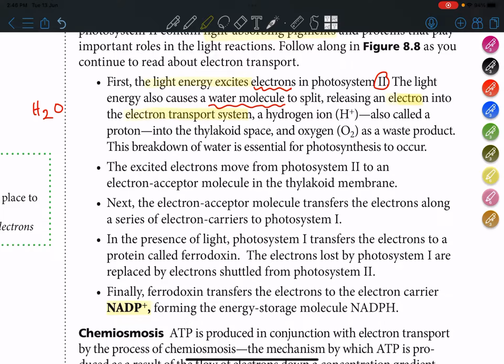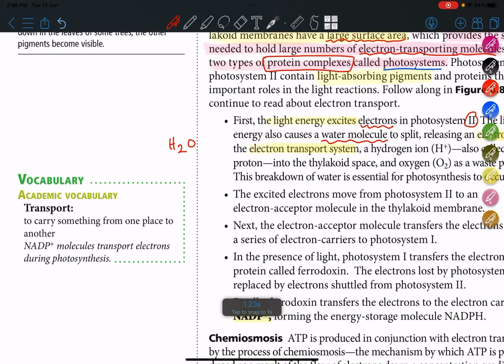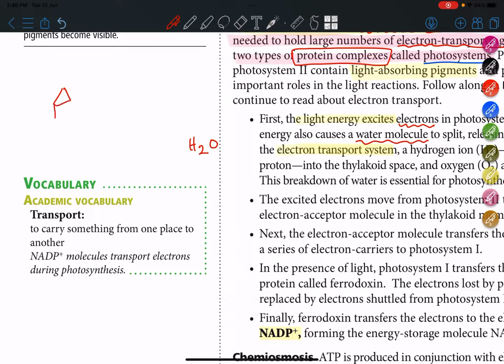So what you should keep in mind is, when we say the electrons were excited in photosystem 2, imagine photosystem 2 was the house of this electron. If the electrons were kids and the kids were inside the house and they got excited and they saw something really fun outside, they're probably going to just run out.